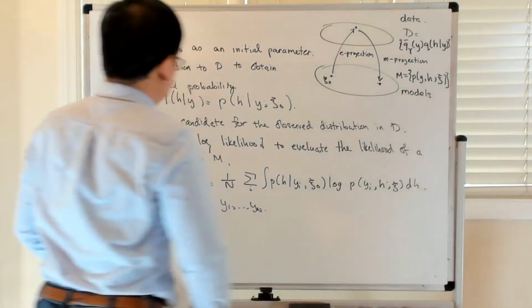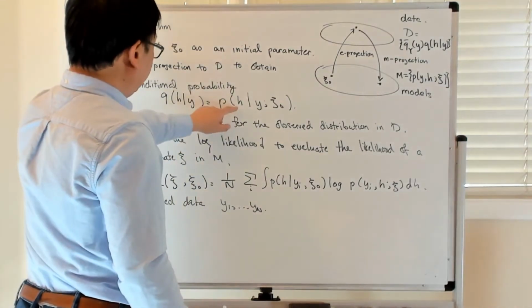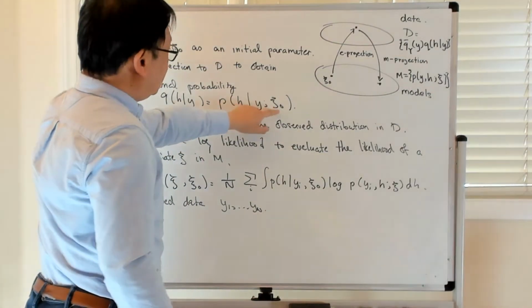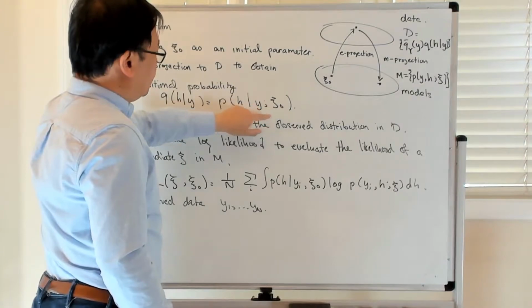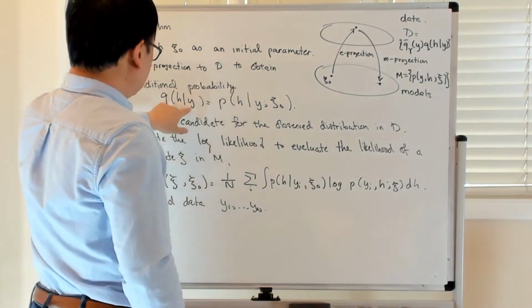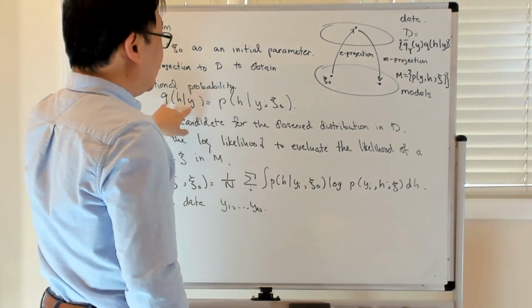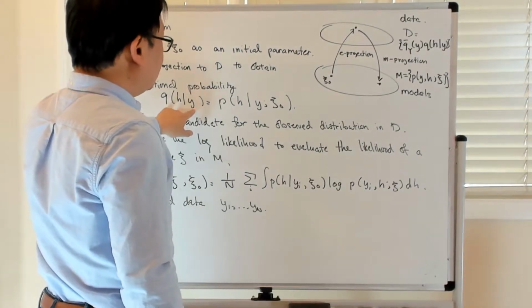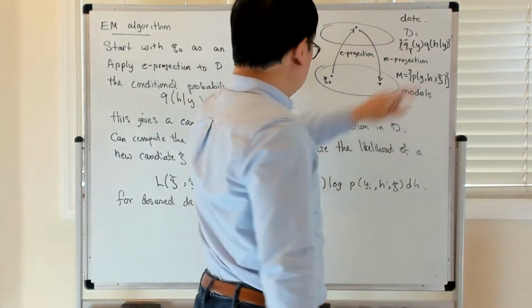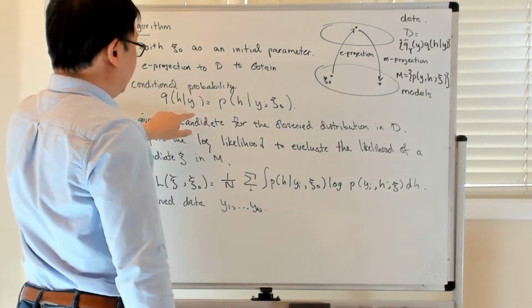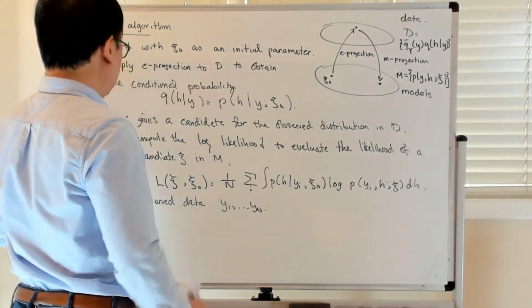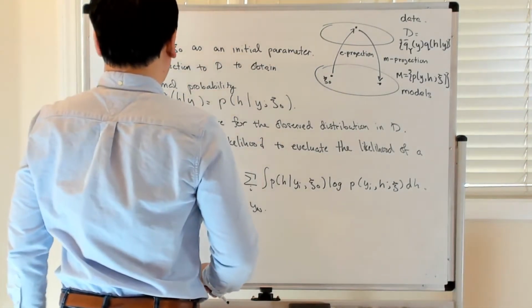So I should say the following. You have to compute this conditional probability, and once you have the conditional probability, you know this Q of H conditioned on Y. And if you know Q of H conditioned on Y, then you know the point on D. So that's giving you this E projection step.